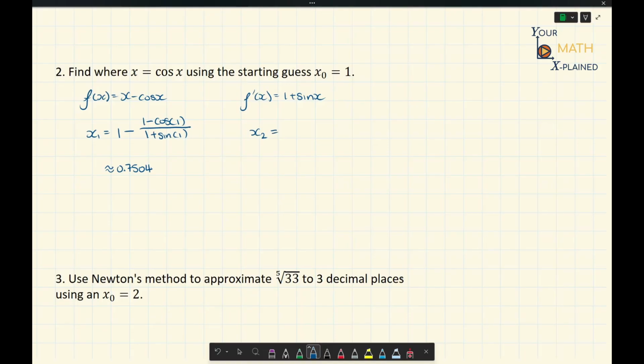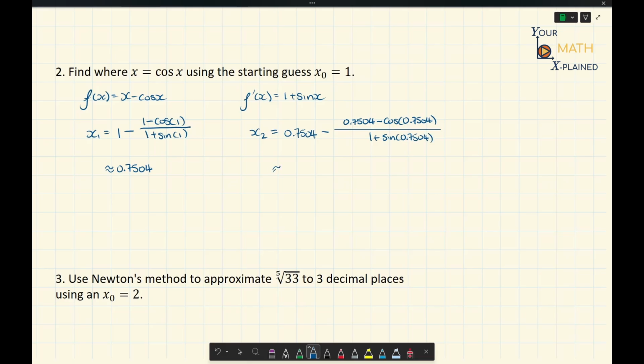So x2 is going to be 0.7504 minus cosine of 0.7504 over 1 plus sine of 0.7504.